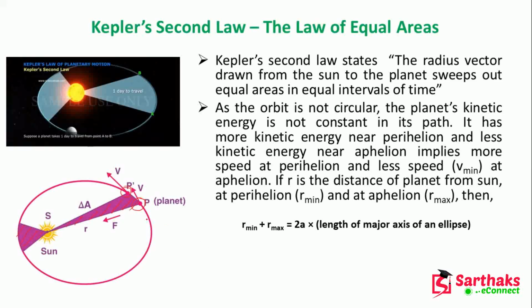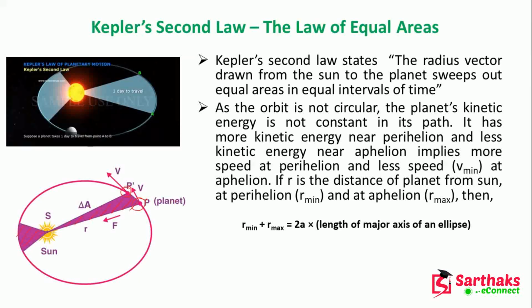Perihelion means the nearest point from this sun, and the very distant or further point is called the aphelion. So the kinetic energy near the perihelion is more, and you have less kinetic energy near the aphelion.